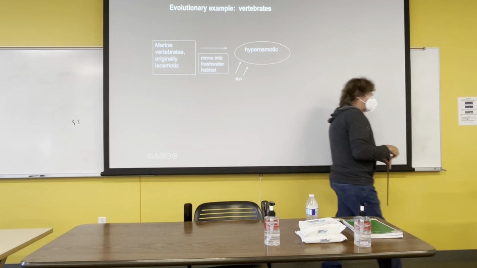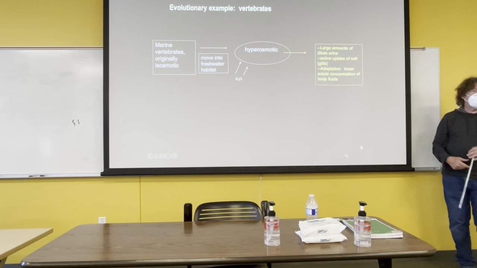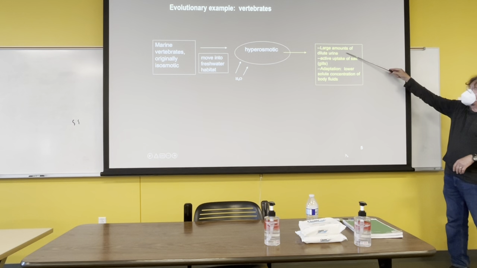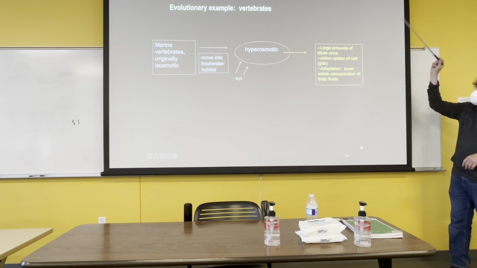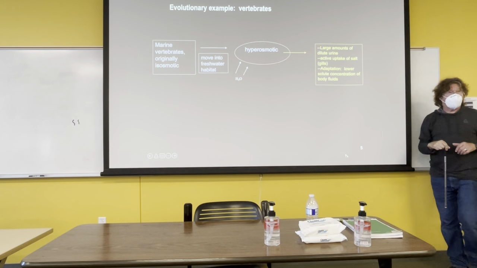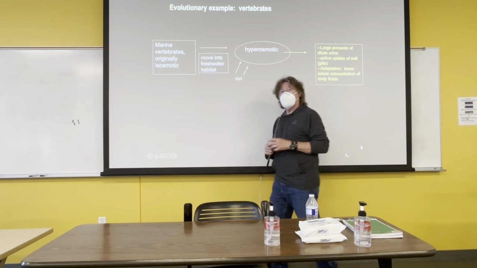So over evolutionary time, the adaptations that had to happen are these long-term adaptations: they had to have excretory or osmoregulatory organs that would produce large amounts of dilute urine. What do I mean by dilute urine? It doesn't have a lot of salts in it.